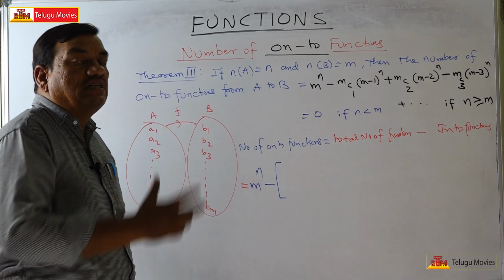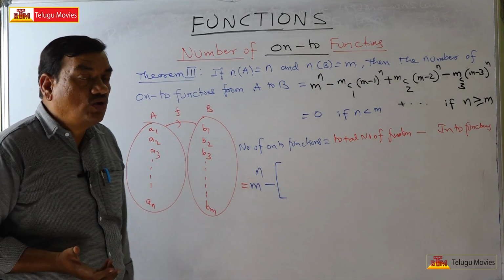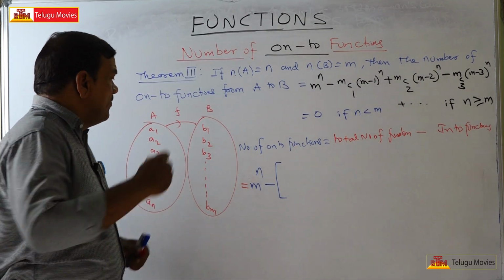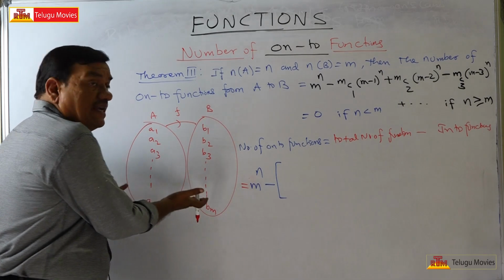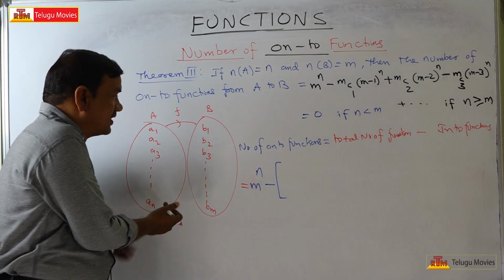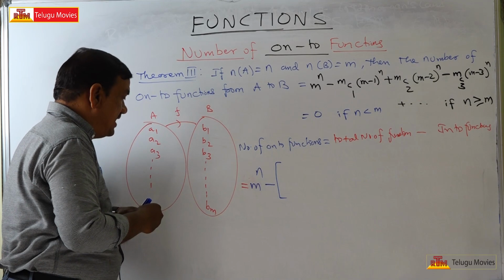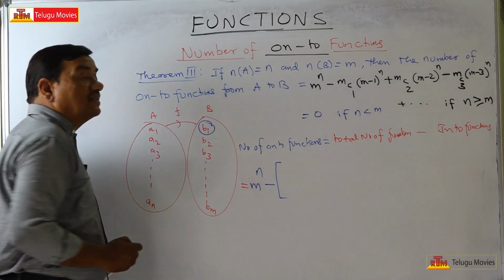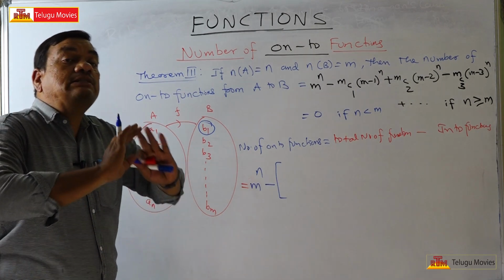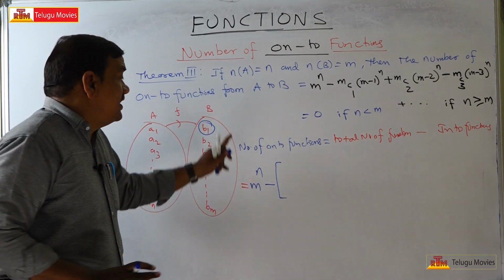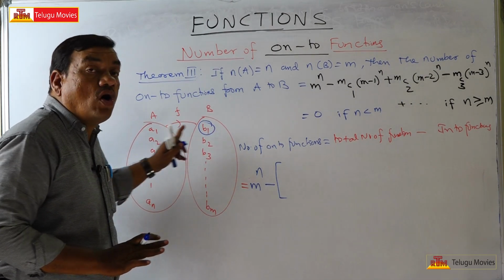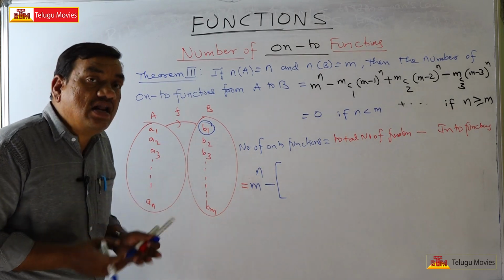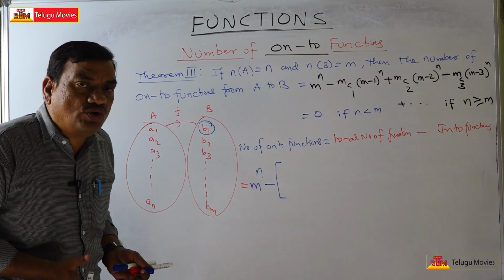Now please remember this principle of inclusion and exclusion. First, to make an into function, let us say that the element B1 is free. It is not attached or associated to any element of A. Then can it become an into function?